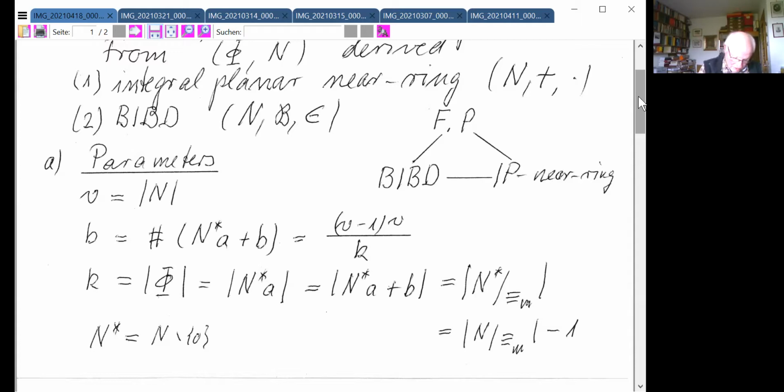If you just meditate on how multiplication is defined, you see that the number of elements of phi must be equal to the number of these equivalence classes.